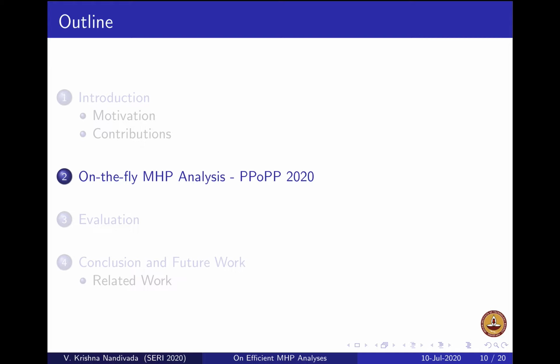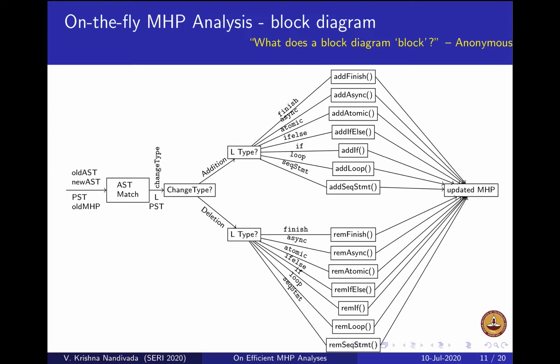What we will do now, we will give a brief idea of what we did in our on-the-fly MHP analysis work. This work was done by Sonali Saha, and this was published in PPoPP 22. This is the block diagram of the whole procedure. We first take the old AST, new AST, the new PST, and the old MHP map, and give it to the AST matcher that tells us yes, there is a change or not.